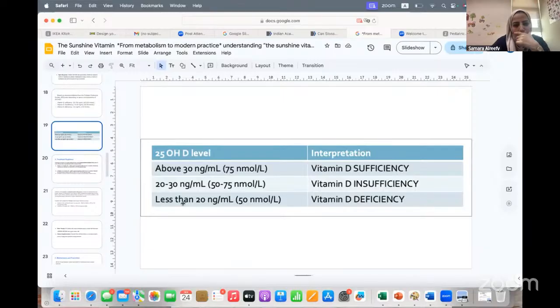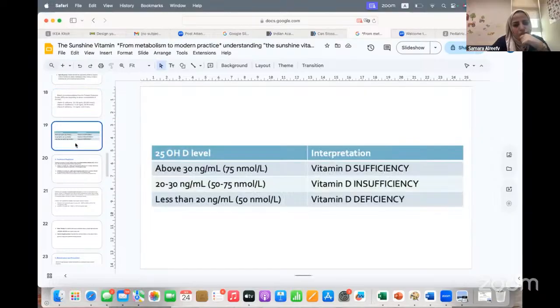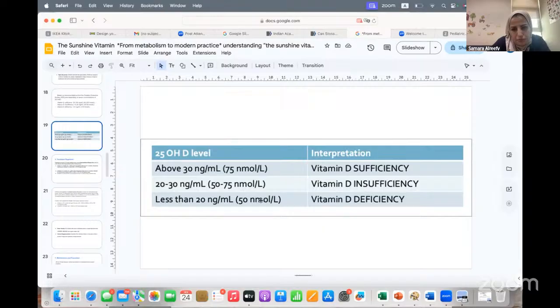Less than 12 would be deficient, with up to 30 insufficient, and more than 30 sufficient. This one is according to the Pediatric Endocrine Society, and this is our second lab. You should note there are two different units.